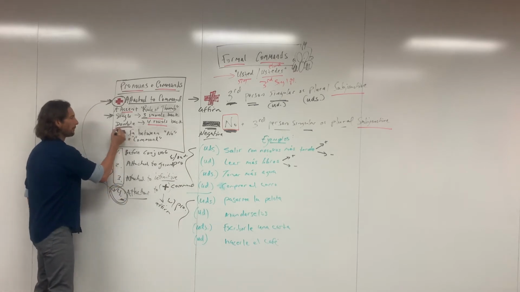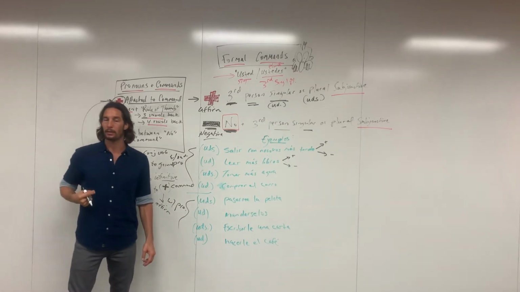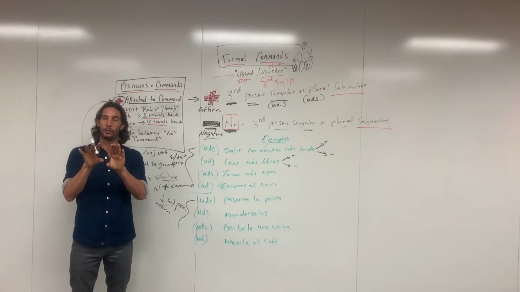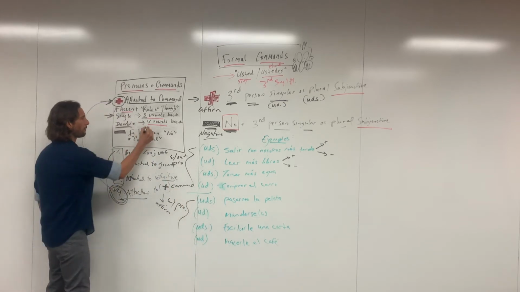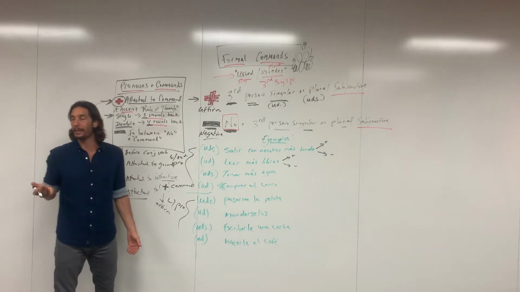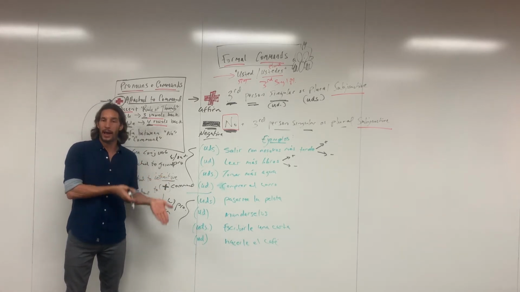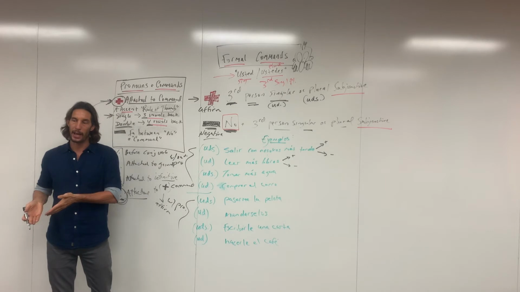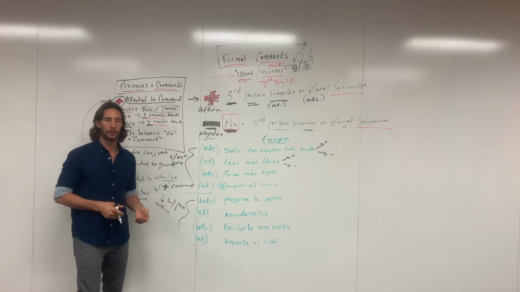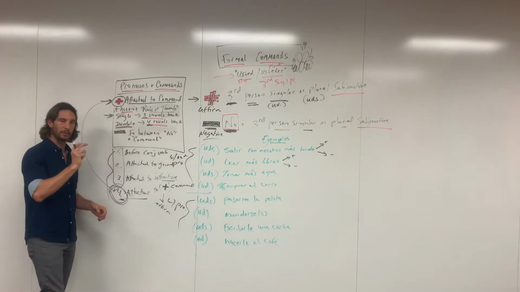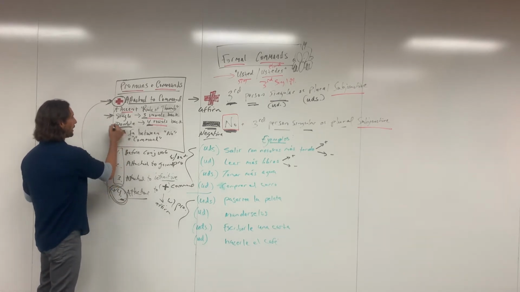If it's a double object pronoun, that means 2 pronouns are being used, and we'll look at it when we get here, then you count 4 vowels back. Really, at the end of the day, it's going to be on the same vowel, but because you're adding an extra pronoun, you're adding an extra vowel on the back end, so we have to make up for that in terms of the accent.